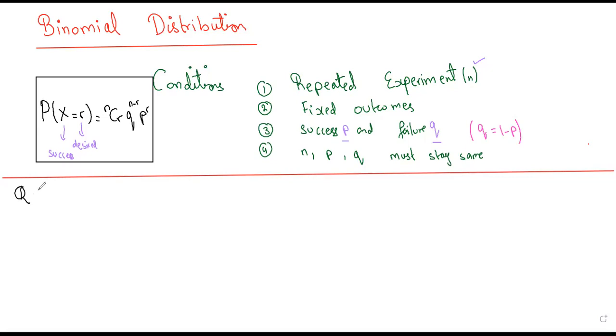The question says a dice is rolled 7 times.